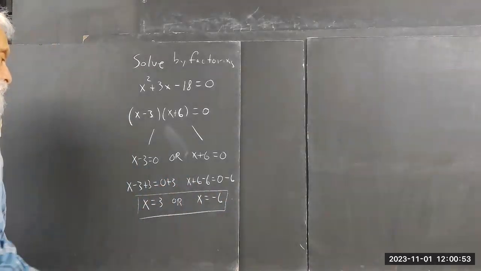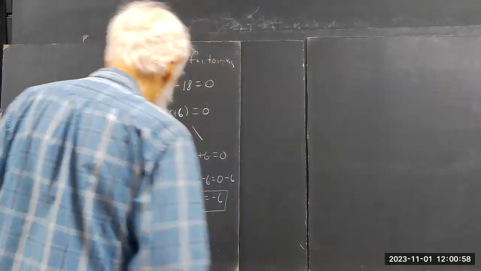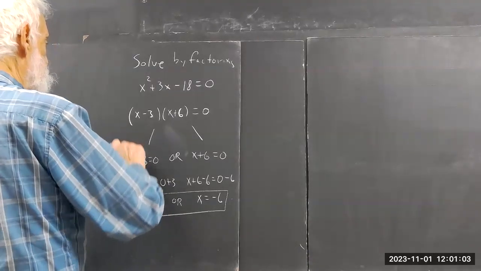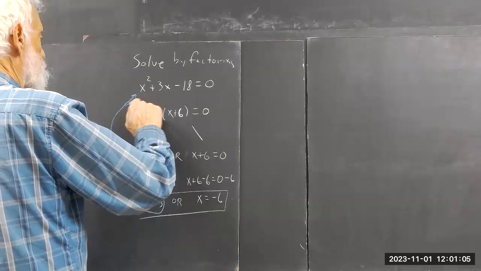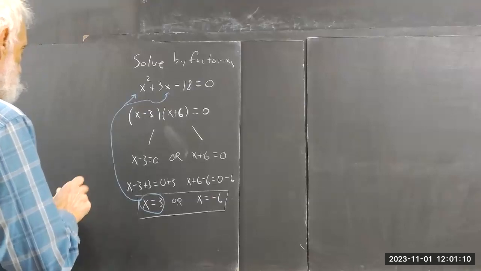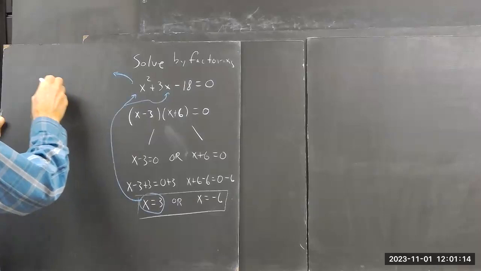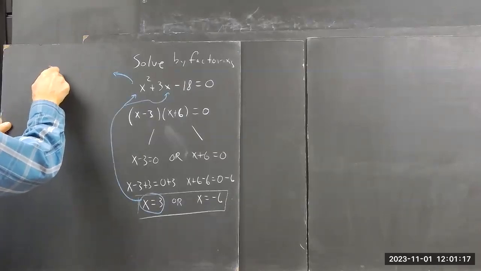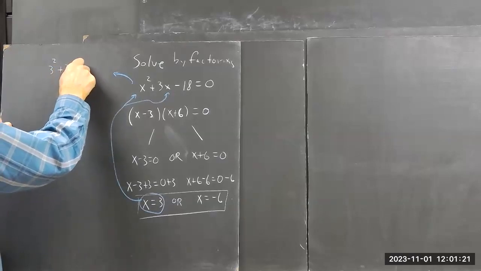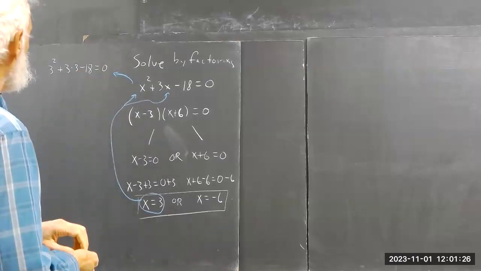Now let's check the solution. We take x equals 3, come up here, and plug it in with x. We get the equation 3 squared plus 3 times 3 minus 18 equals 0.